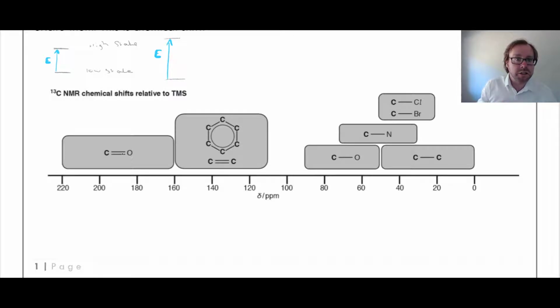So it has a large chemical shift value between 220 and 160, whereas if you go all the way down to the right, we can see C-C, which doesn't have any electronegative difference, so it doesn't have a very big chemical shift. I don't really want to say any more than that. You just have to be able to use this table to identify the different groups, and I think it will become more apparent as we go through.